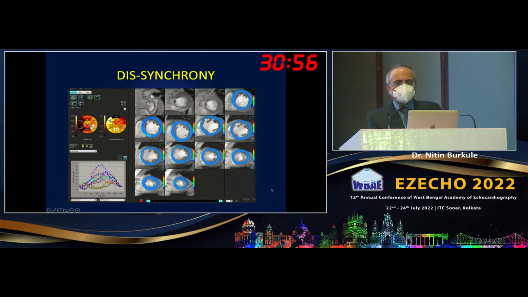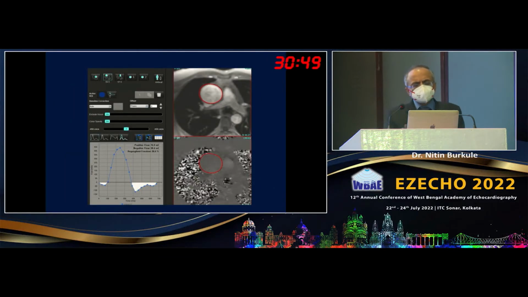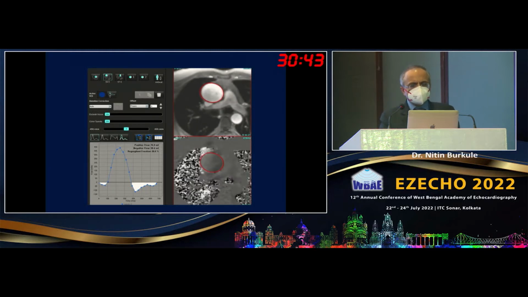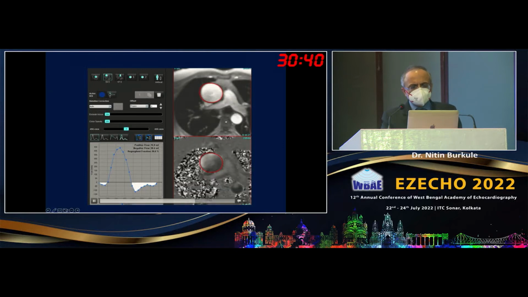Of course, on speckle tracking also I can get it, no doubt about it, provided you have very good short axis images. Then this is the flow quantification of the aortic valve, which radiologists call phase contrast imaging, where every pixel in this image has velocity information.